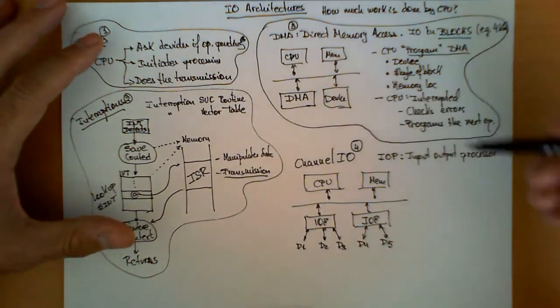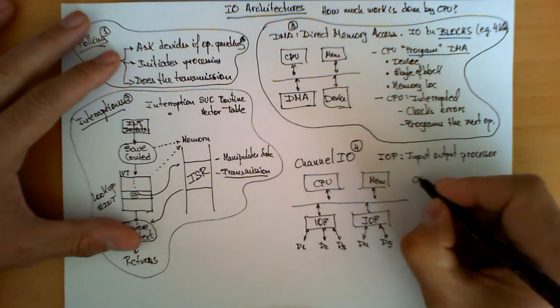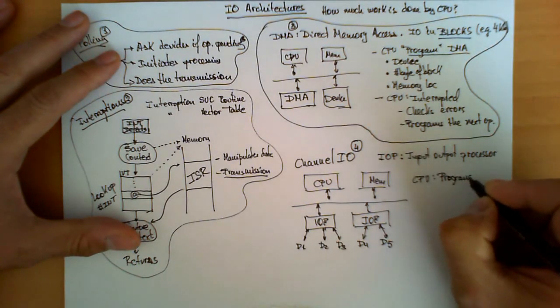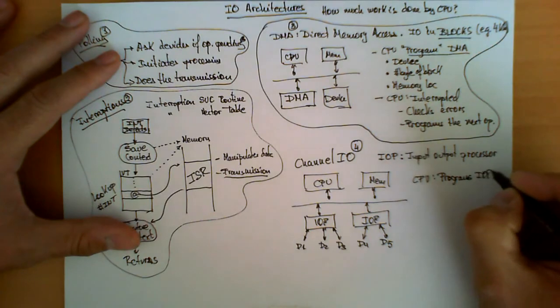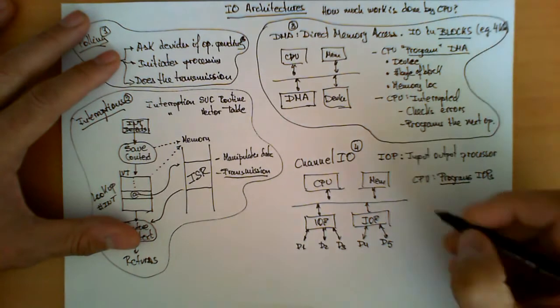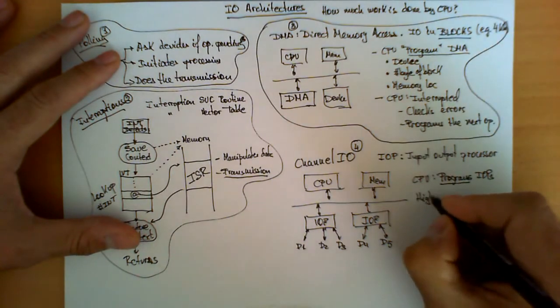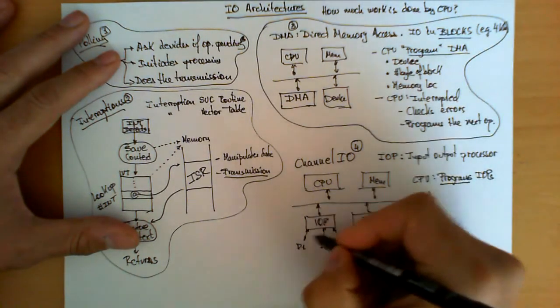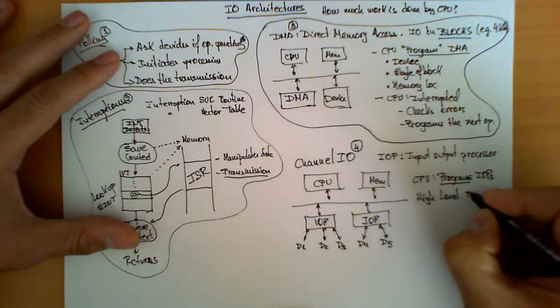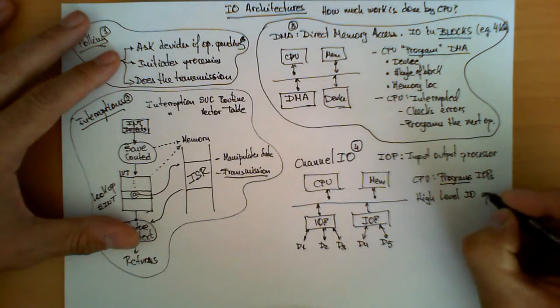Now the difference with the previous strategy is that the CPU again programs the IOPs, but this programming is different from the programming of the DMA because the IOP is capable of executing high-level input-output operations.